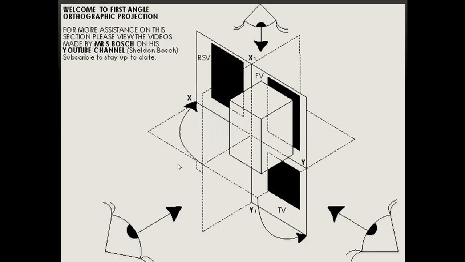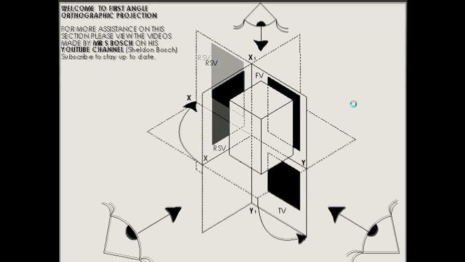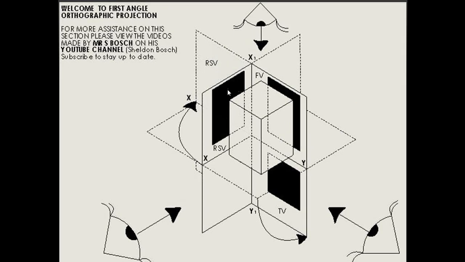What I've just done is I've taken that right side view and I've flipped it over so that I have it corresponding to the actual vertical plane, which is a nice flat surface. And let's just take it back a step. Please take note how this right side view is projected back along this arrow over here. My X will now move along this arrow to this position over here.